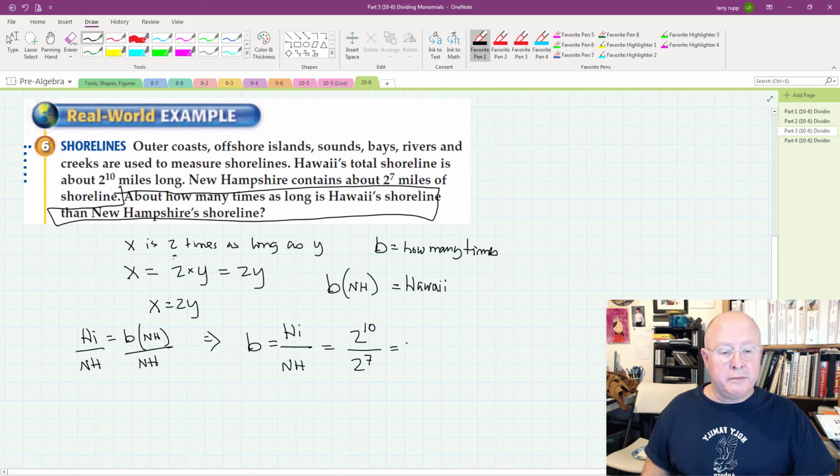Quotient of powers, since they both have the same base. Top minus bottom. 2 to the 3rd. How many times as long is Hawaii's shoreline than New Hampshire's shoreline? 2 to the 3 times as long.